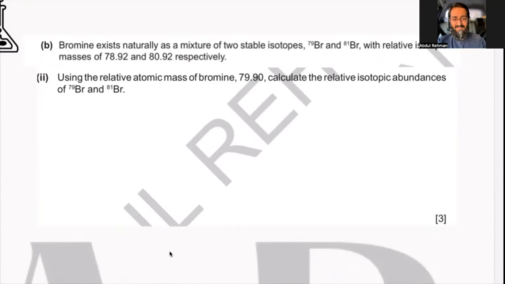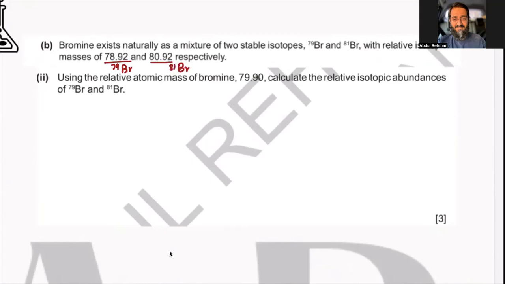No. See, okay, one minute. Let me explain. So okay, the first thing, bromine 79 has this isotopic mass, right? And bromine 81 has this isotopic mass.